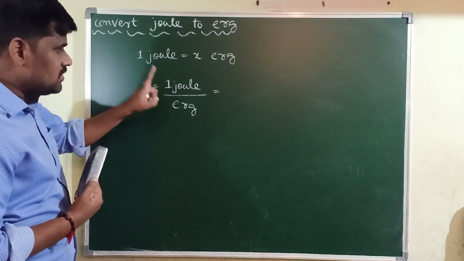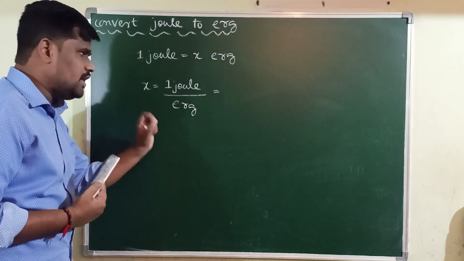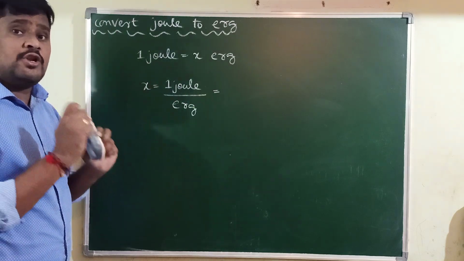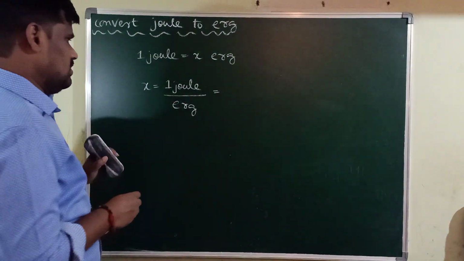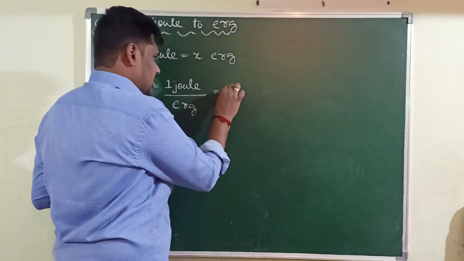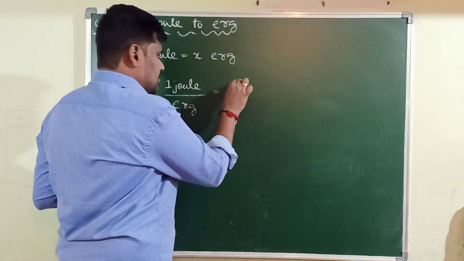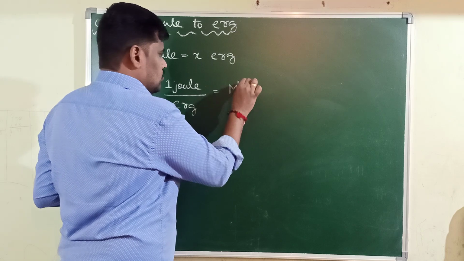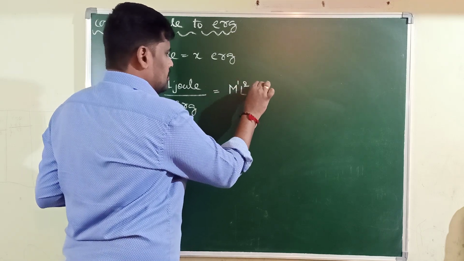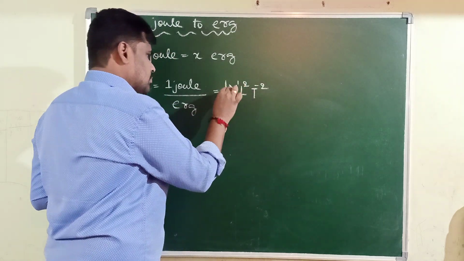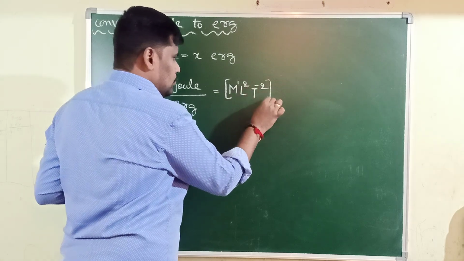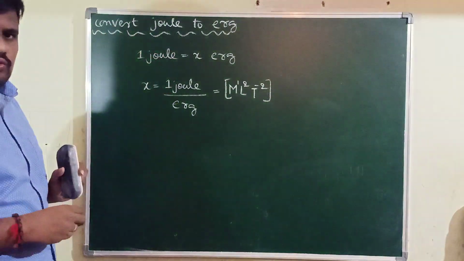Here joule is a unit of energy, therefore I am using the dimensional formula of energy. What is the dimensional formula of energy? M to the power 1, L to the power 2, T to the power minus 2.